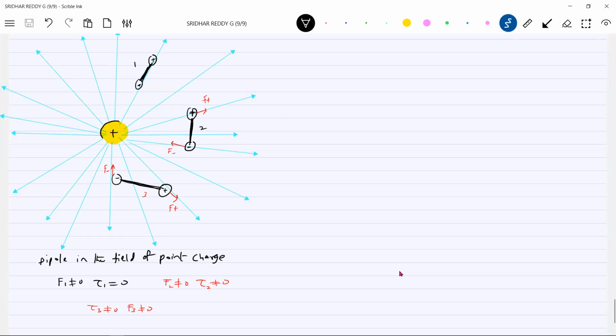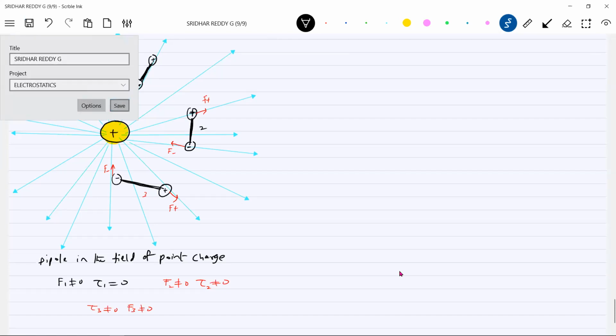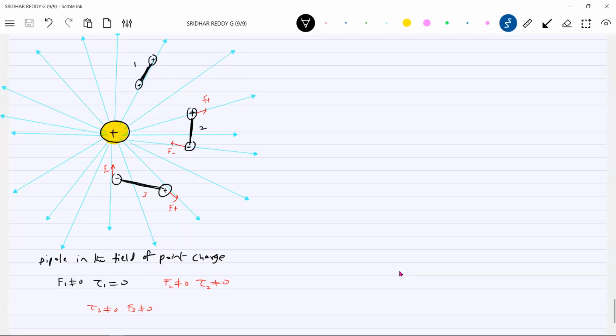Any orientation of the dipole in any way so that force is zero and torque non-zero? Not possible, no? Not possible. Okay, then afterwards we'll go for line charge.